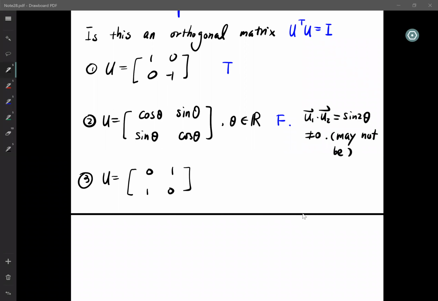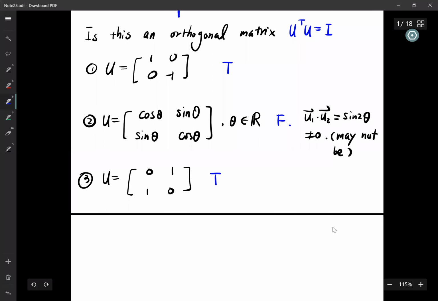Okay, this one seems to be simpler. Again, you just compute it and you'll find that this is indeed identity.